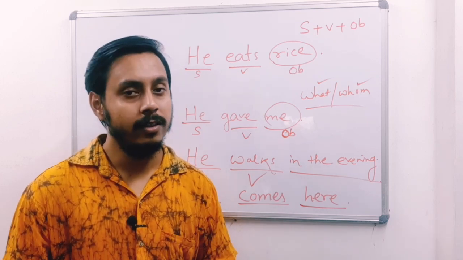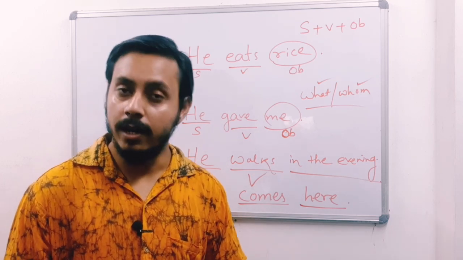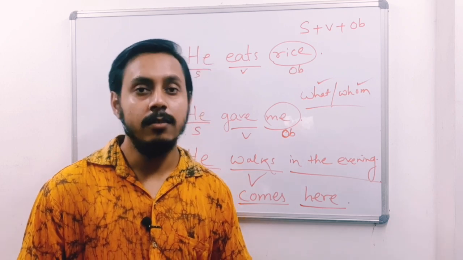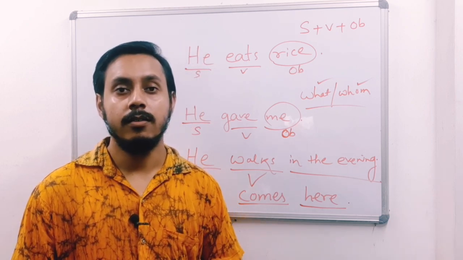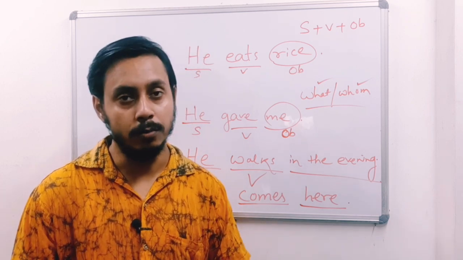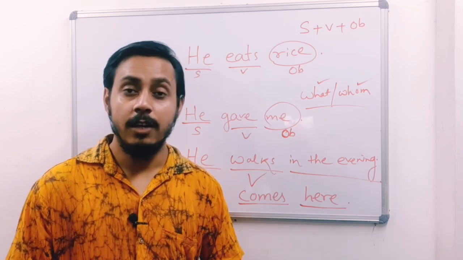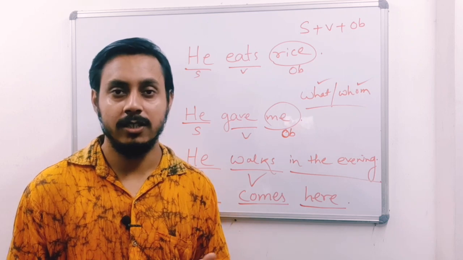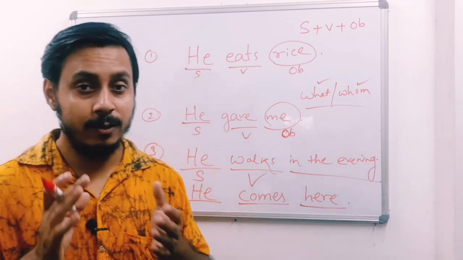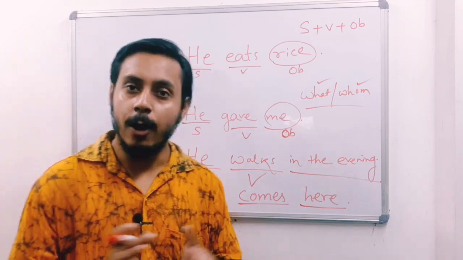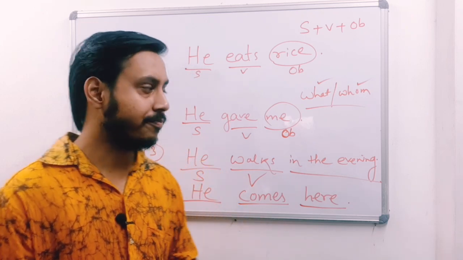Just by following a simple method: we have to ask the question either what or whom. If you get the answer, that means it is an object for sure. If we don't get the answer, that means it's not an object. I hope you have a clear-cut idea as to how to identify an object.